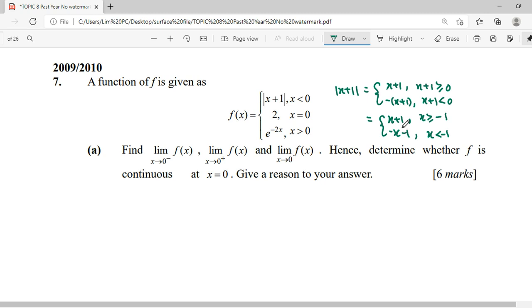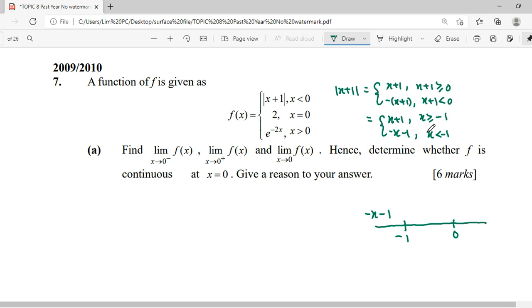So we draw out our interval so that we can see it clearly. You can see here, our changing points are x equals 0 and x equals negative 1. For x less than negative 1, the function is negative x minus 1.